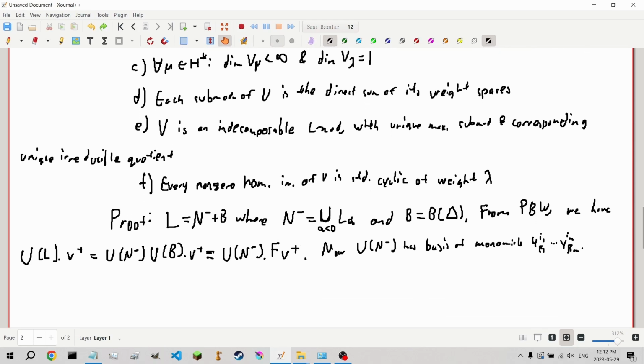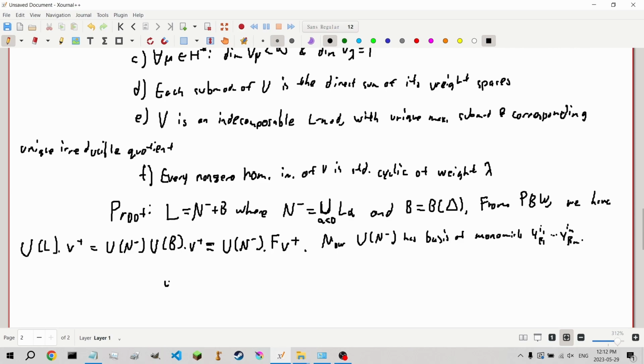Alright, next up, the vector y_beta1 to the i1 multiplied through y_beta m to the im, acting on v plus, has a weight of lambda minus the sum of i_j beta_j.